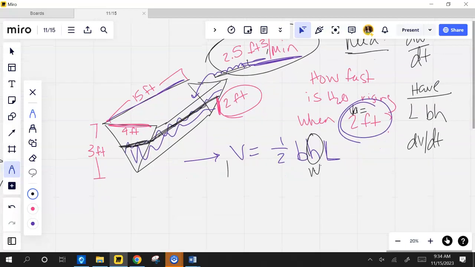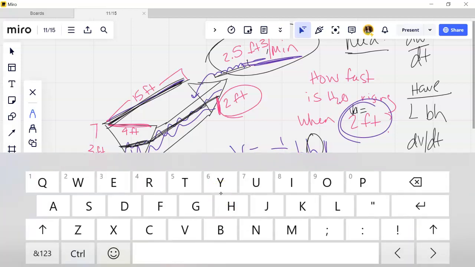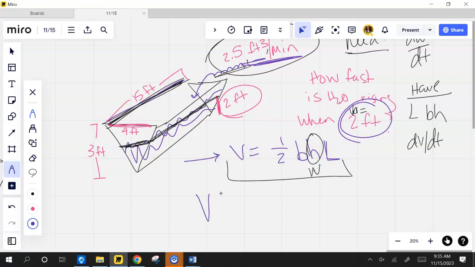Let's find the derivative here. Now remember, whenever we take derivatives, we talked about things being constant. This 15 feet across is not changing. That's going to be 15 regardless. Do you agree? So would you also agree that no matter what the height of the water, what I'm finding is the volume of water, not the volume of the trough.